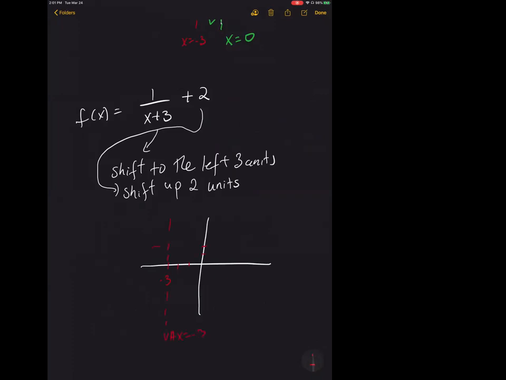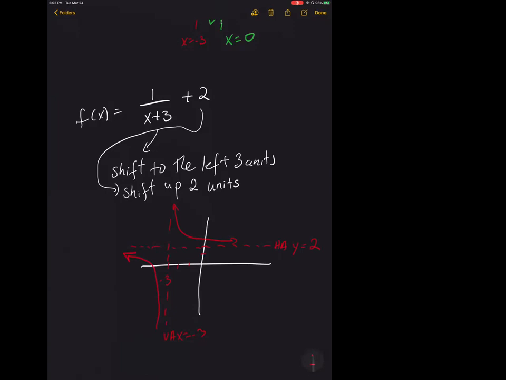And that's going to be a horizontal asymptote, y equals 2. And then you just graph the two boomerangs. And that's the graph of your function right there.